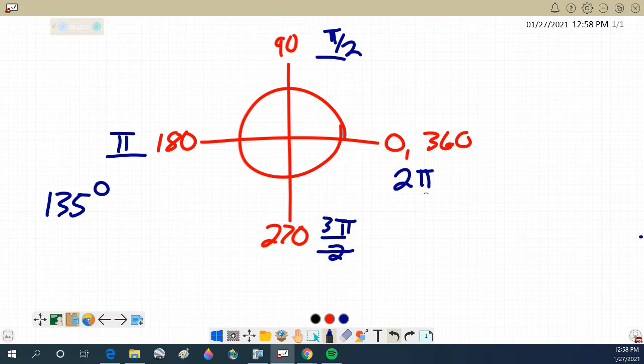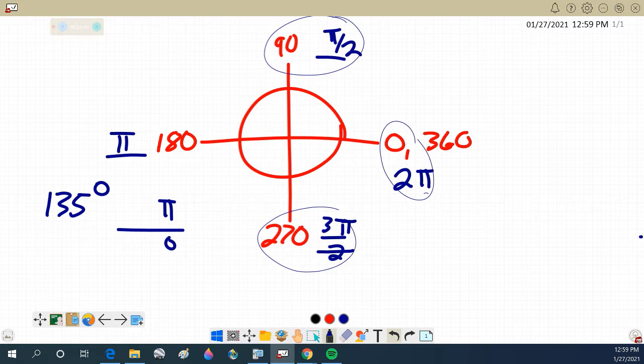So in this case, 135 degrees. I need to multiply that by pi over degrees. So I have to pick an equivalent statement. I could choose this one, or this one, or this one, but this one makes the most sense. In every 1 pi radians, there are 180 degrees.